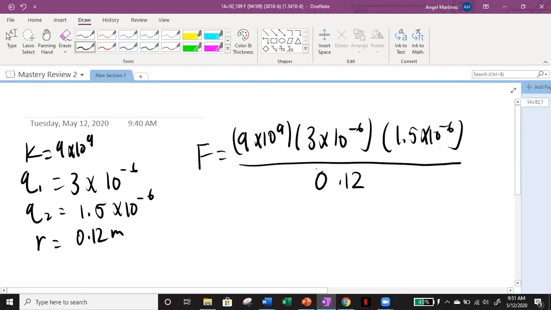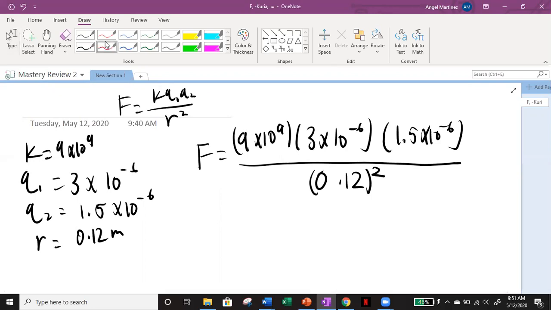And remember, the equation has a squared on it, so this has to be squared. The equation is F equals K Q1 Q2 over R squared. So the first thing you want to do is handle the square so it doesn't confuse you. 0.12 squared, if you do that in the calculator, is 0.0144.